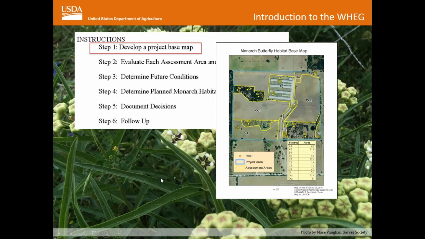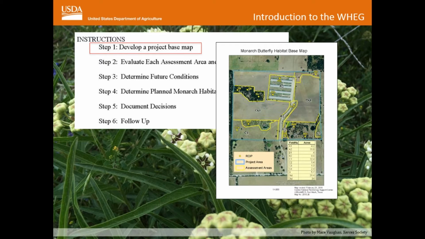So there are basically 6 steps within the WEG, and the first step is to develop a base map. You may do this in Toolkit. You may just print out an air photo and write on it.